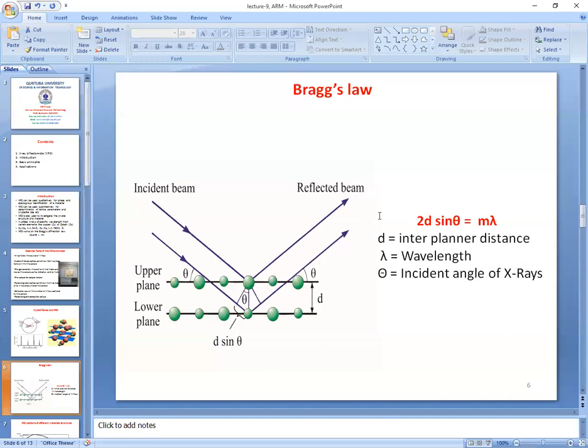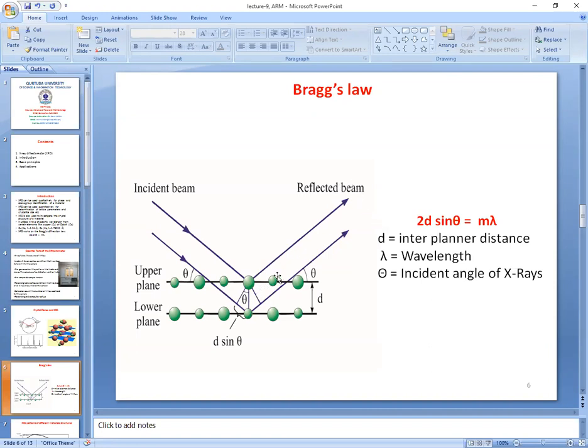Here is the detector, and here an interference occurs, and we get a diffraction pattern in the form of bright peaks, in fact bright dots, and then we indirectly take data from those dots as the intensity of the peak.